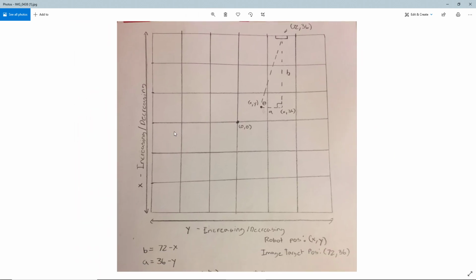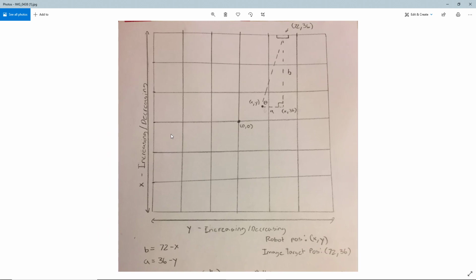Alright, so here I've labeled the origin. As you can see, it's where the center 4 tiles meet, so 0, 0. I labeled this kind of awkwardly. I don't know why I didn't use axes instead, but you still get the point.